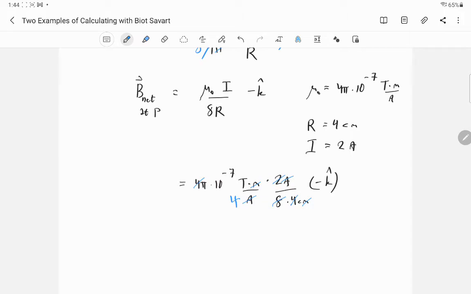Okay, so the only stuff I have left over at this point, I have a factor of pi. I have a factor of 10 to the minus 7. I have a Tesla. I have a factor of 4 on the bottom. And then I have a factor of centi, which is 10 to the minus 2, right? And then I have a negative k hat.